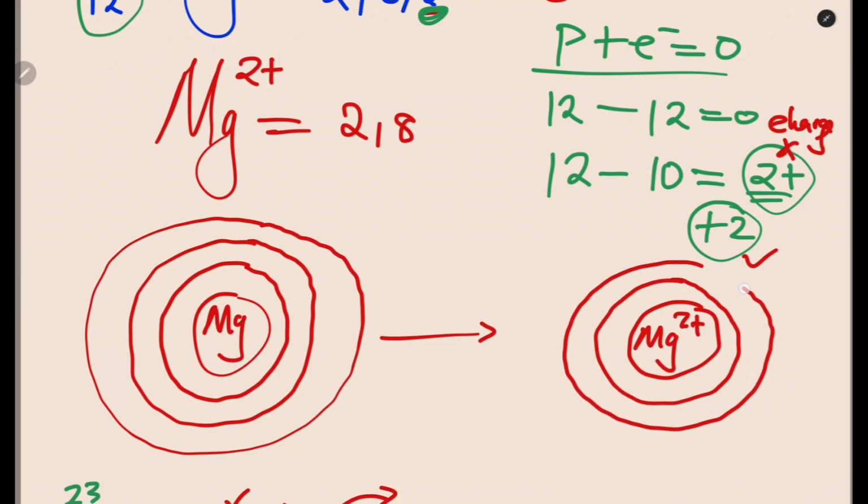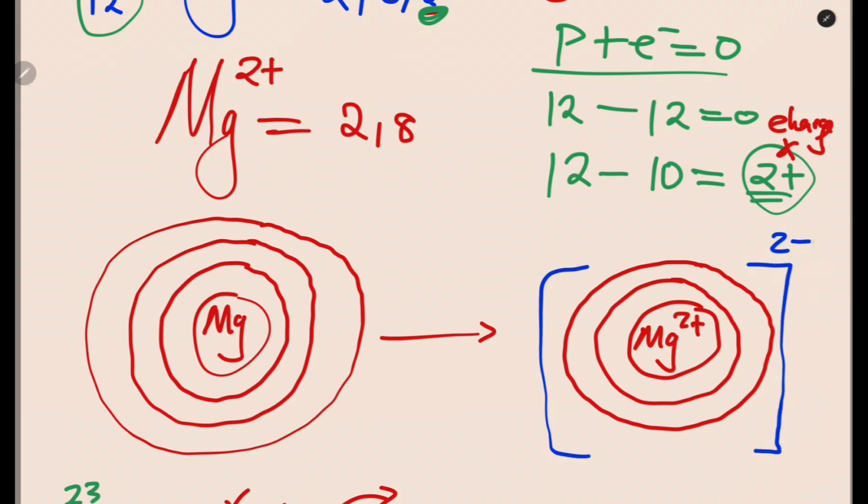We are just going to remain with 2 shells. So let me just put it in these brackets. Then on top there we can put 2 positive. So here 2 electrons. Then we have something like this, 2, something like this.